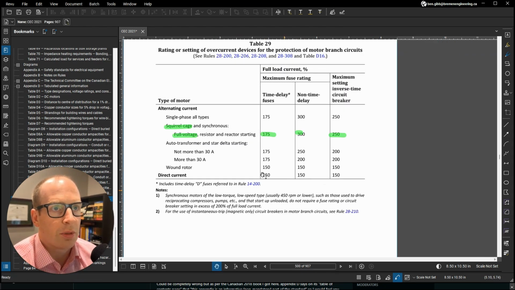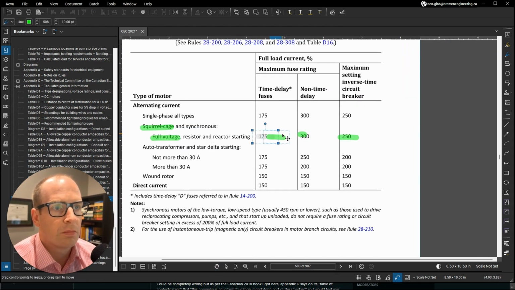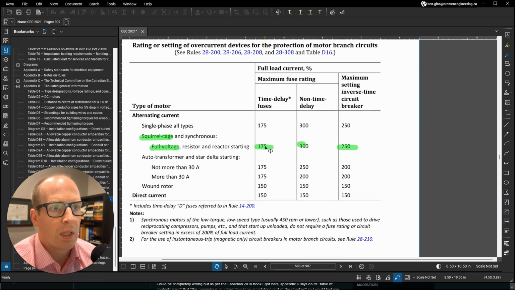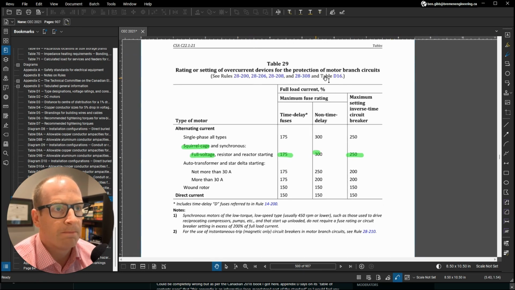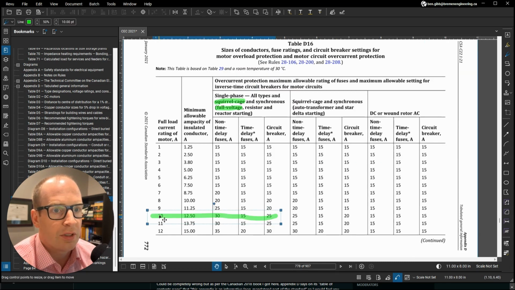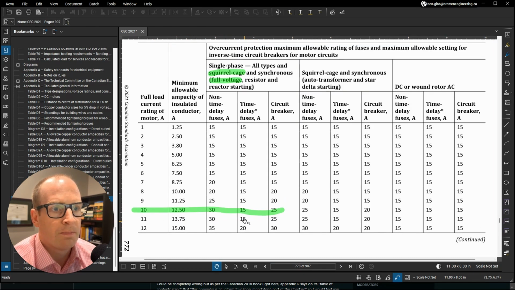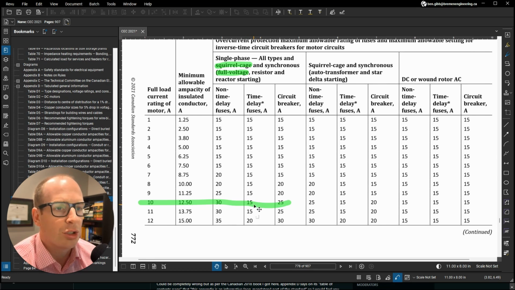Let's go back to Table 29. 300, 175, and 250. Now, why would that be? Time delay is 175. So for a 10 amp, if we take 10 times 175%, that gives us 17.5. There's no standard rating at 17.5. Therefore, we're at 15 amps time delay.